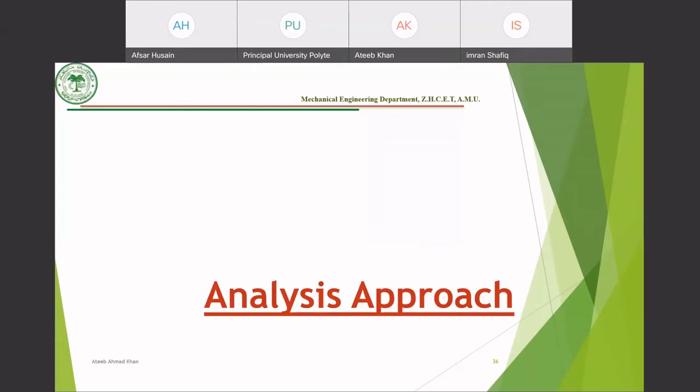I believe most of the people working in this area might already know about Dr. J.N. Reddy. He's a great person with great intellect. The second theory, which is again a higher order theory, was given by Dr. Kim and Cha. I have extended these theories to get the critical buckling load results for the FG plates.